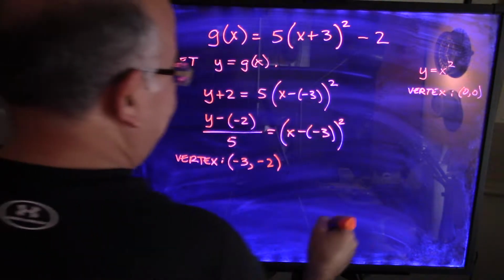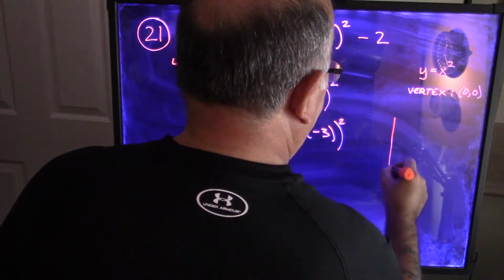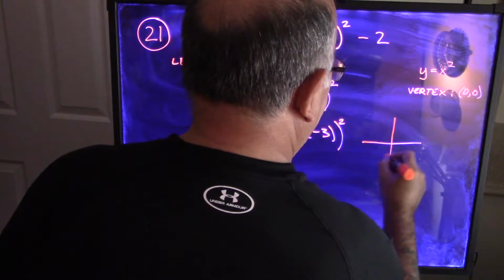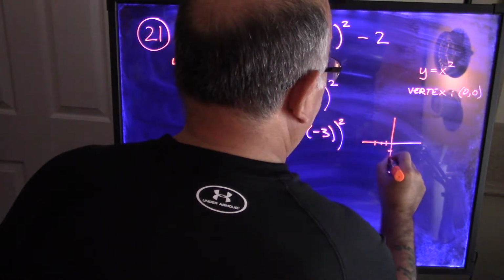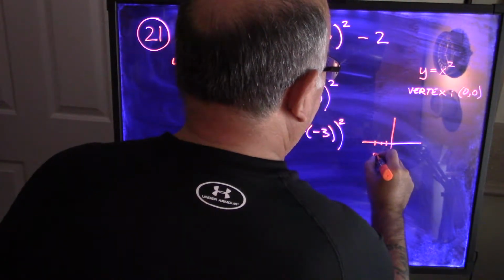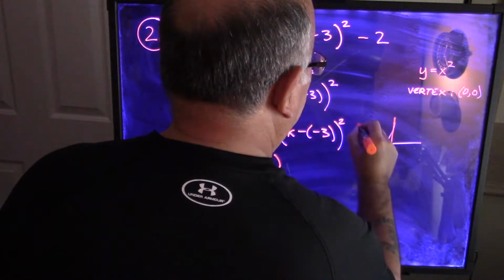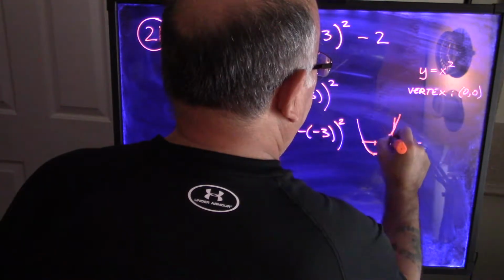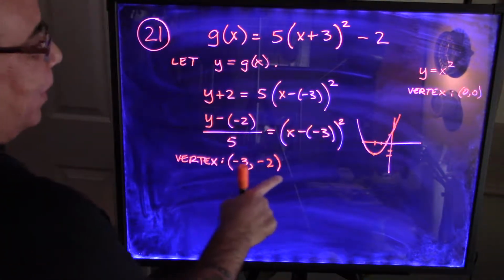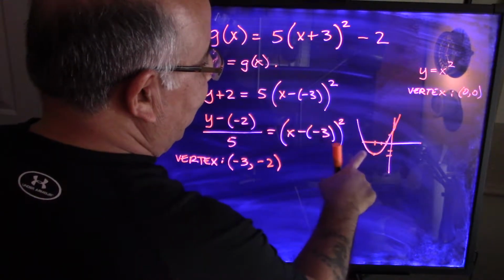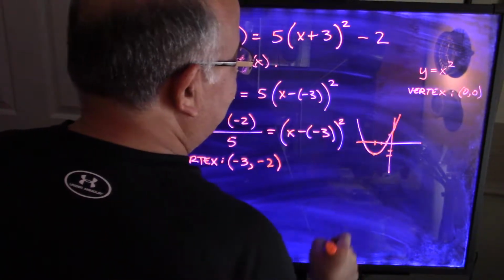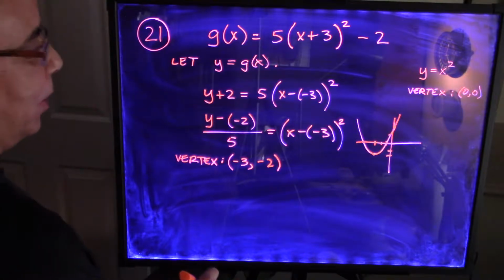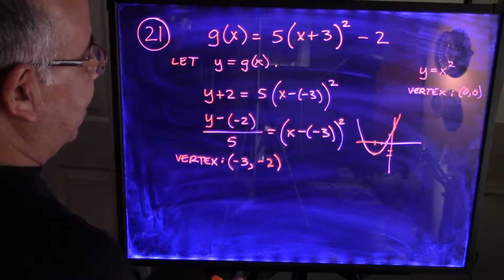Now I could draw a little picture of that, to make it easier to see where it's increasing and decreasing. So here's the vertex. The 5 here is going to cause a stretch, so my graph is no doubt inaccurate, but we don't really need to worry about that in this problem. All we need to do is see where it's increasing and decreasing.